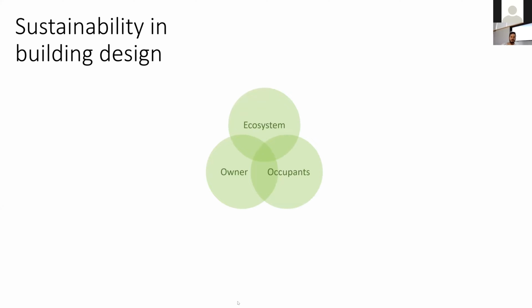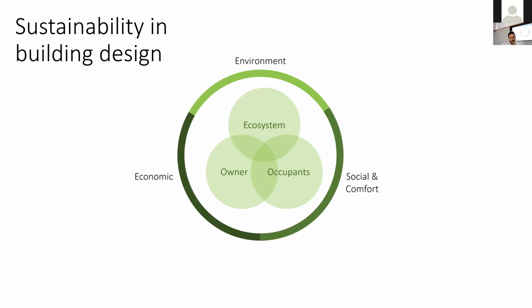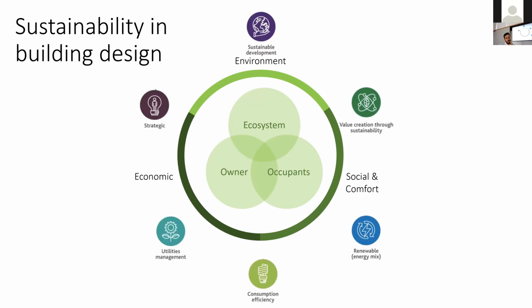So it's this middle ground between the different stakeholders of the building. Even the ecosystem is considered a stakeholder in sustainable design, and those can be environmental benefits, economic benefits, and social and comfort benefits that we can take value from if we're designing sustainably.